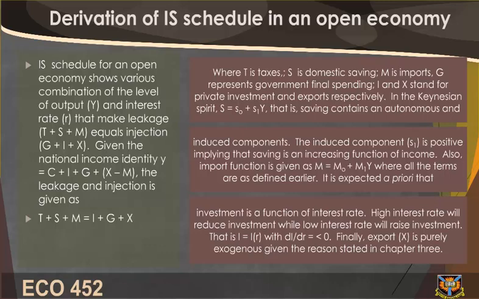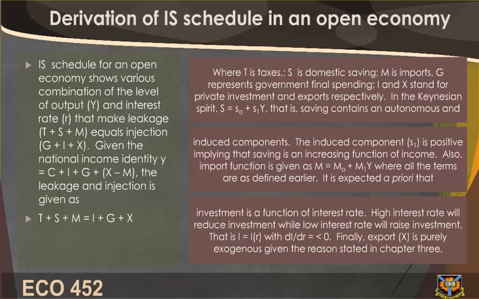The IS schedule for an open economy shows various combinations of the level of output Y and interest rate R that make leakage T plus S plus M equal injection G plus I plus X. Given the national income identity Y equals C plus I plus G plus (X minus M), the leakage and injection is given as T plus S plus M equals I plus G plus X, where T is taxes, S is domestic saving, M is imports, G represents government final spending, I and X stand for private investment and exports respectively.